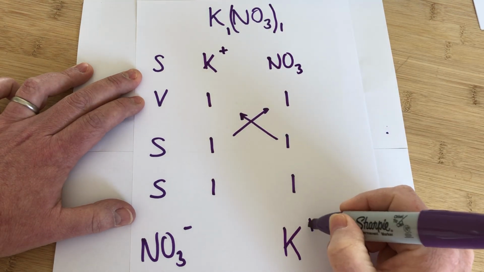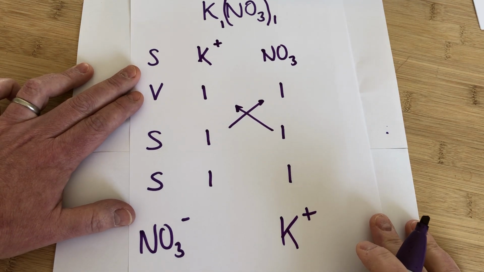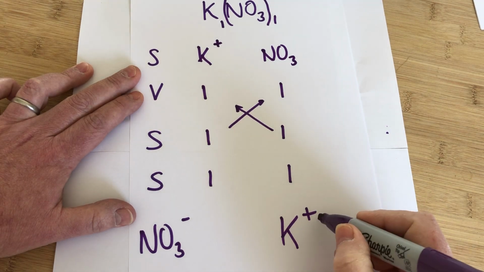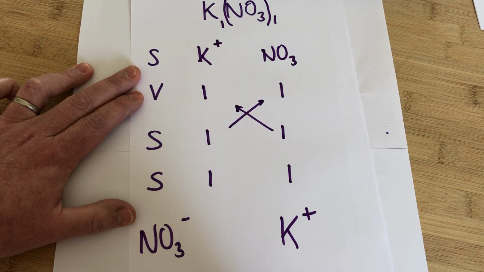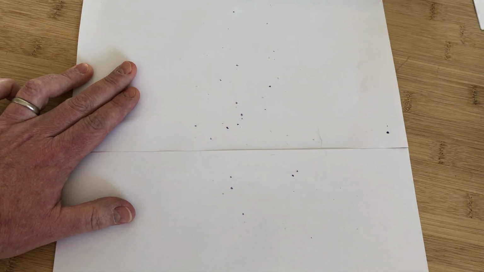So this is K positive. The charge on the potassium here is 1 positive. And if you remember, the number of positive charges always is going to cancel out the number of negative charges in any ionic compound. So if NO3 is 1 negative, K is also going to be 1 positive.